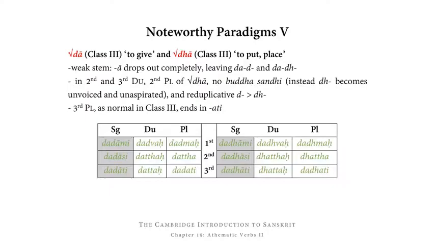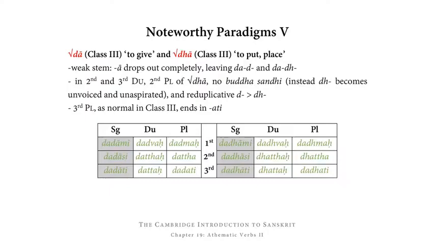Now, that gives us the strong forms singular dadami, dadasi, dadati, and dadhami, dadhasi, dadhati, respectively. The weak stem drops the final a completely, so we have dad and dadh left.